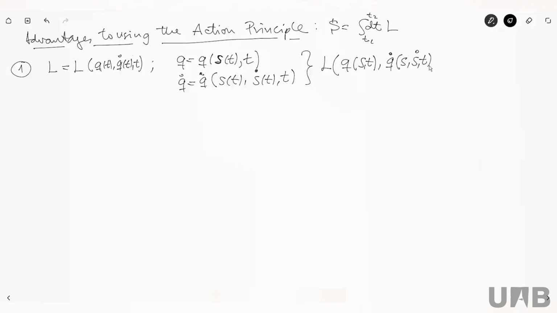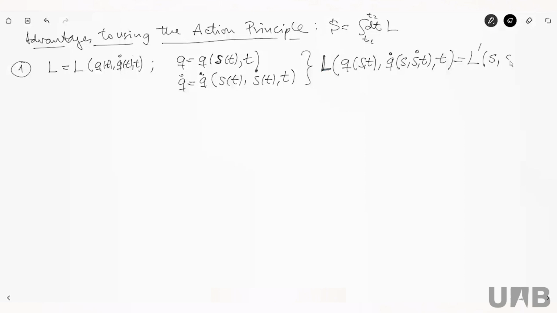So this new function, the result of composing q with s, of making this change of variables, is of course going to be a different function. It's not going to be exactly the same function of s. So this is a new function of s, s dot, and t.